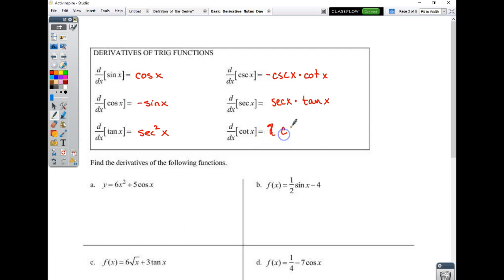Negative cosecant squared x. That is secant x times tangent x. All right. Yeah, these are the 6 derivatives, 6 of the 9 derivatives you will have to learn.